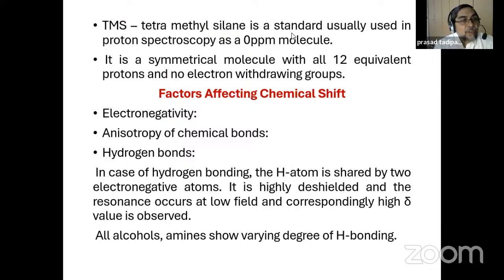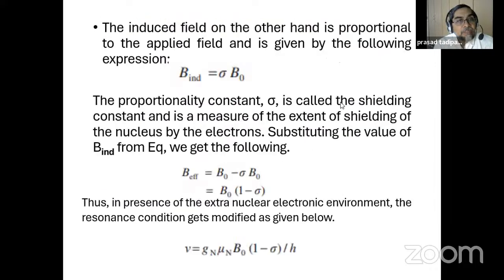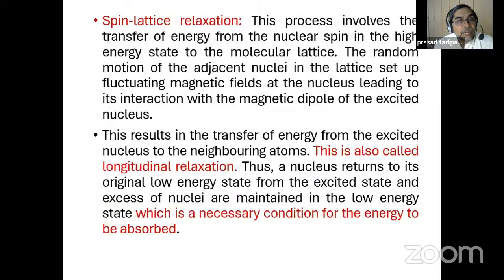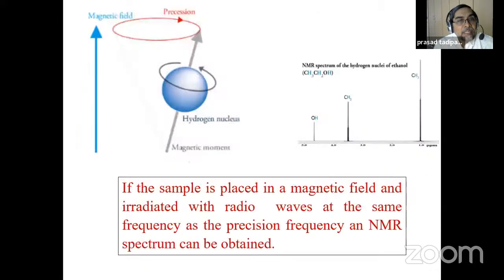What are the factors that affect the chemical shift? From this, you can identify what I observed previously. Take ethyl alcohol, or ethanol, with OH, CH2 and CH3.